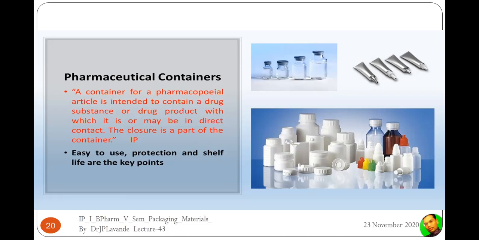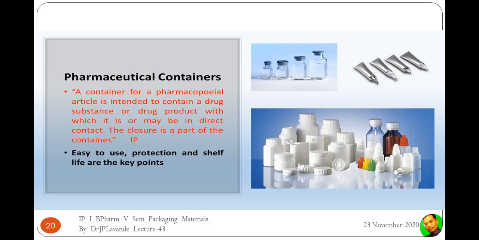A container for a pharmacopoeial article is intended to contain a drug substance. The container is what? It is the substance which will contain the drug product with which it is or may be in direct contact.